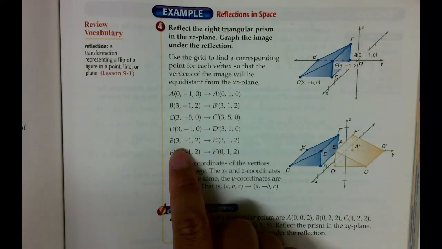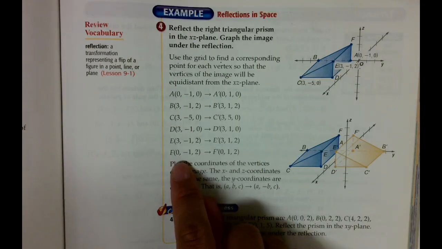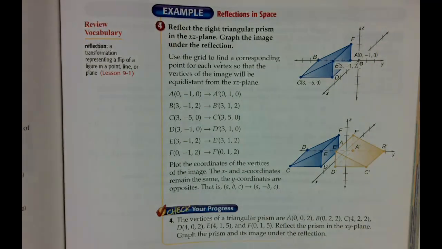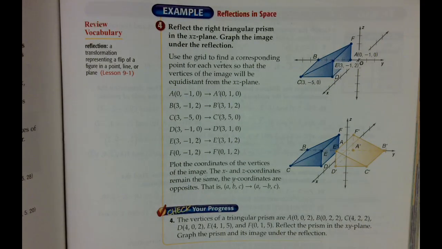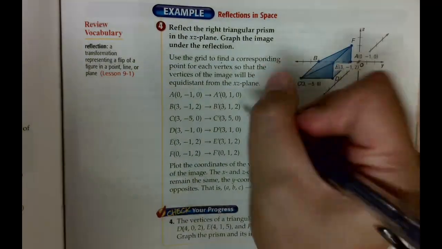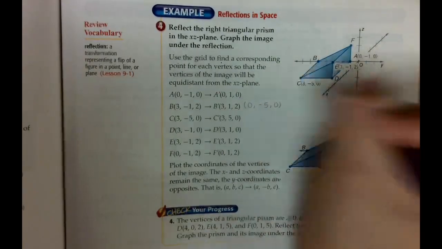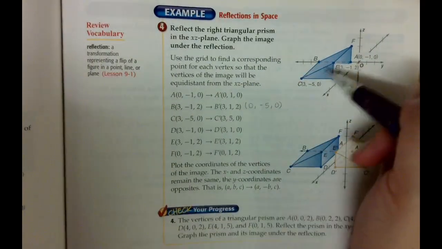E is 3, -1, 2. I think they wrote it wrong. Yeah. But the y changes, and then F is 0, -1, 2. And then the y changes to be +1. Okay, so their mistake is that B should be 0, -5, 0. Because it doesn't move this way at all.